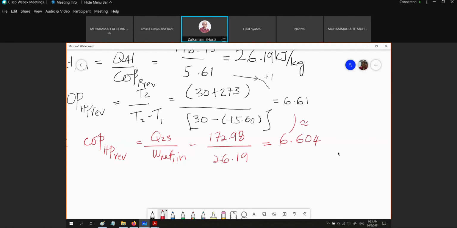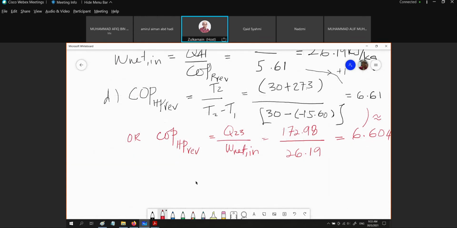So we can use two methods to get it. Any question, guys? So this is a reverse Carnot cycle. Any question?